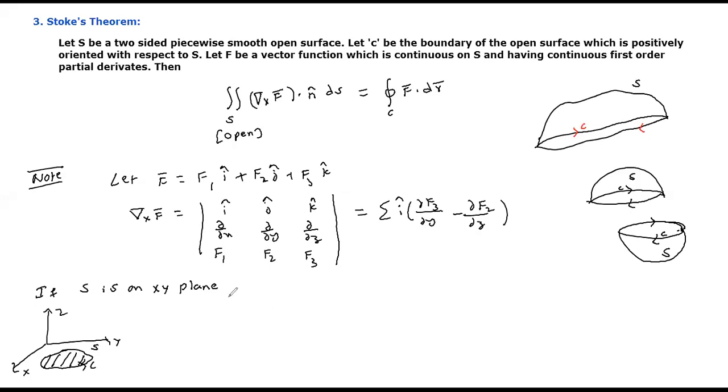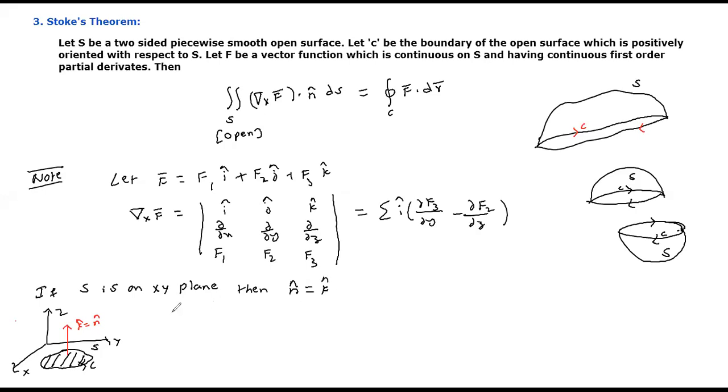Then what will be n bar? N bar is the unit normal vector to the surface. It is just k bar, because any normal vector on the xy plane is k bar. So n bar is k bar.